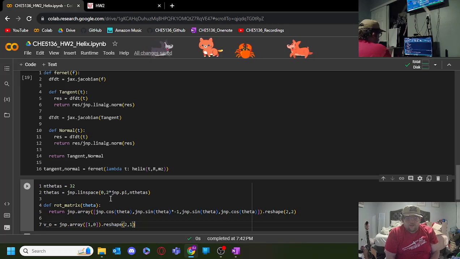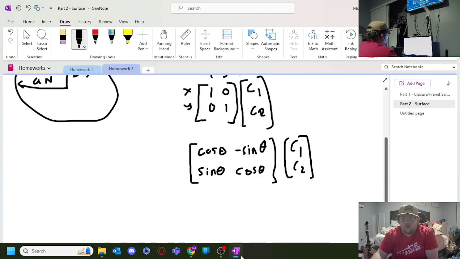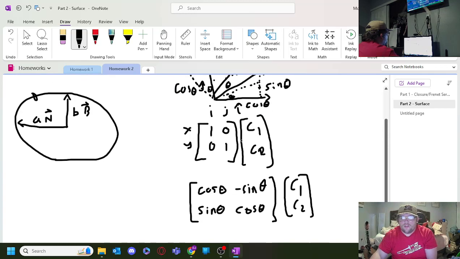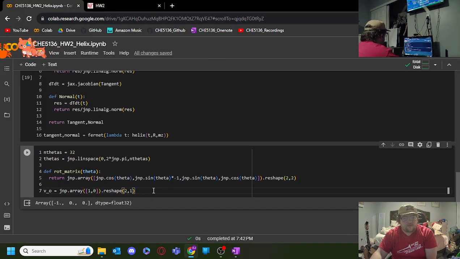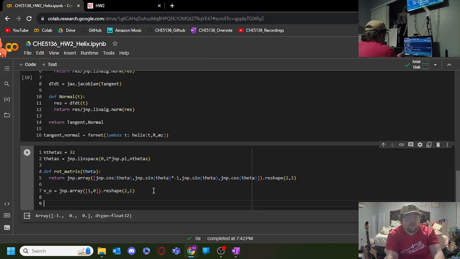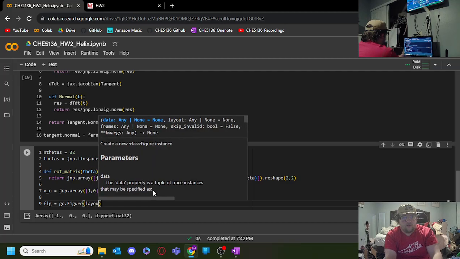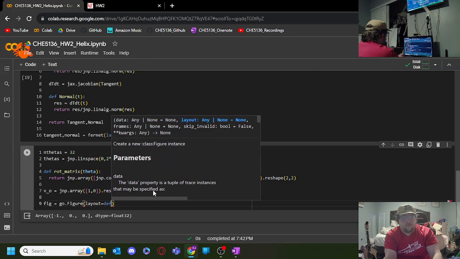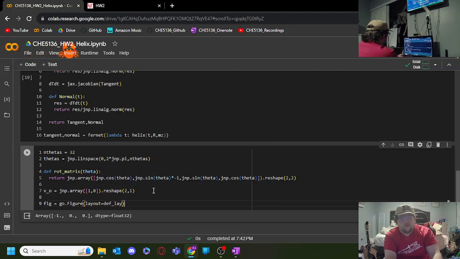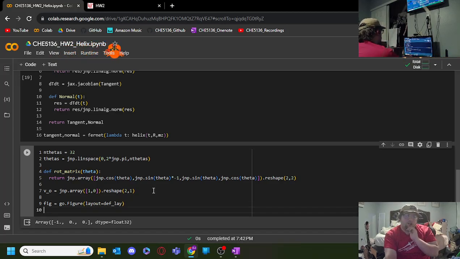We're going to make those 2 rows and 1 column, just because of how the vectors are set up here, where C1 and C2 is in a column and not a row. So now that we got that, we can make another figure. So we're remaking that figure.